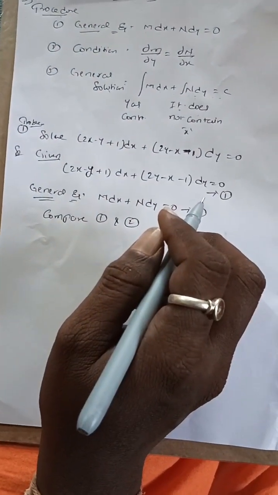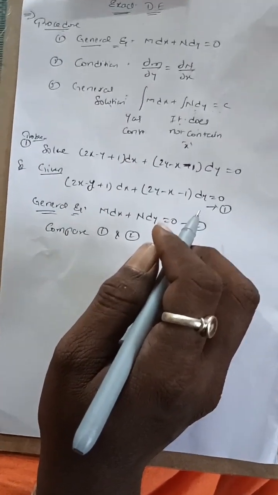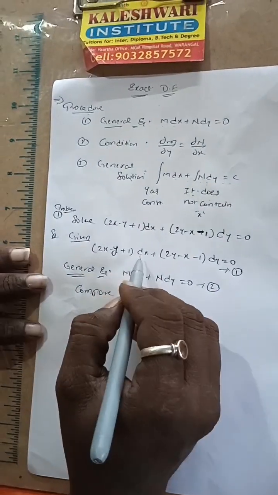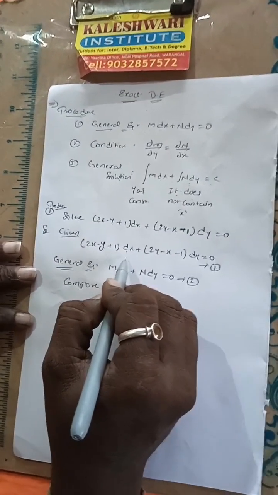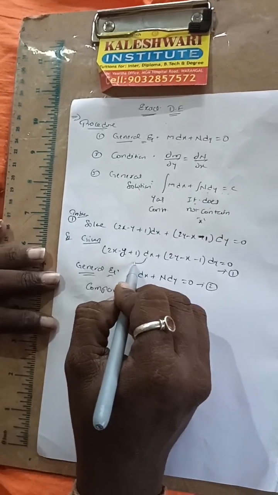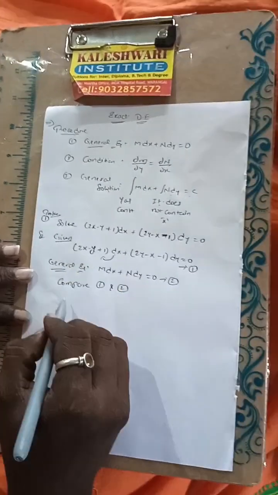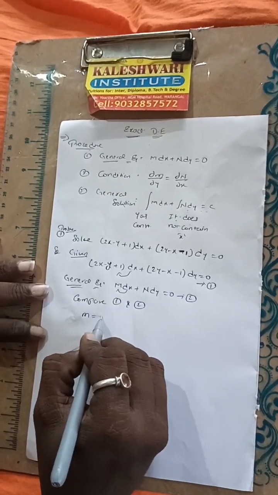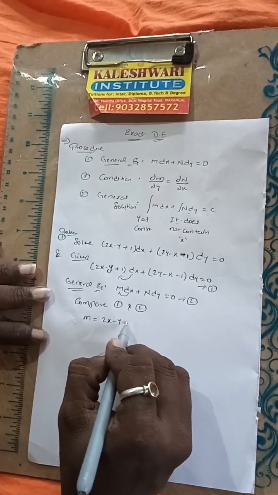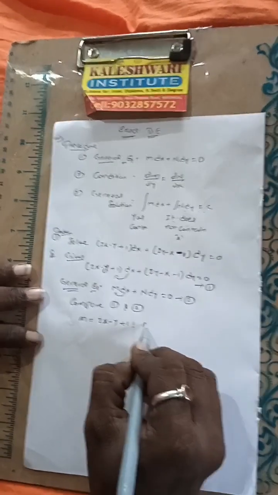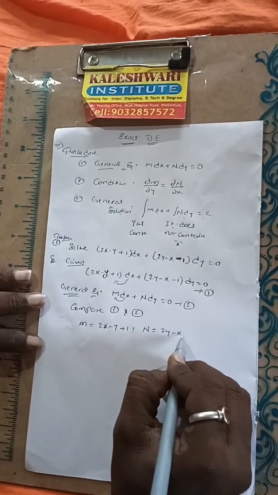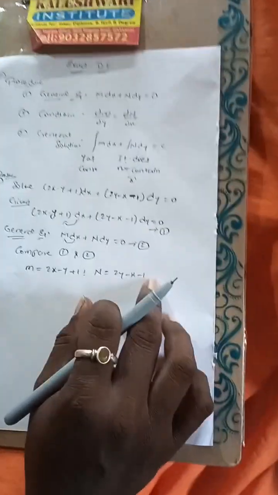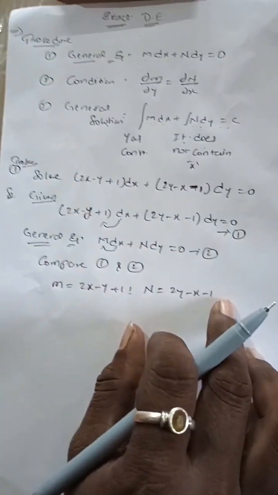Here dx is beside M, so M equal to 2x minus y plus 1, and N equal to 2y minus x minus 1. If you compare, you get this.